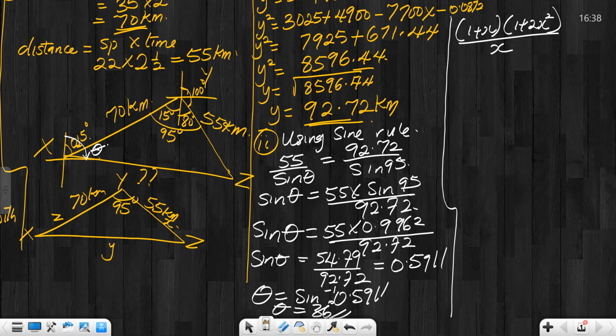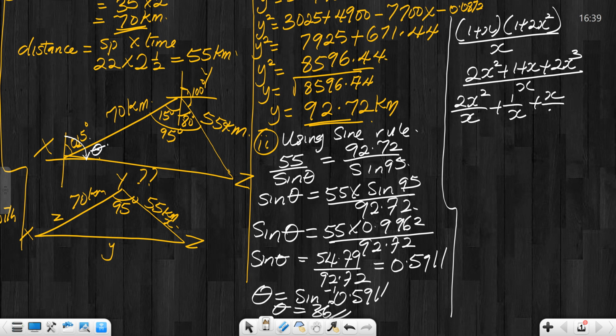So let's expand this. If I expand the top one, I'm going to have 2x squared plus 1 plus x plus 2x cubed, all over x. Then if I divide through by x, I have 2x squared over x plus 1 over x plus x over x plus 2x cubed over x.